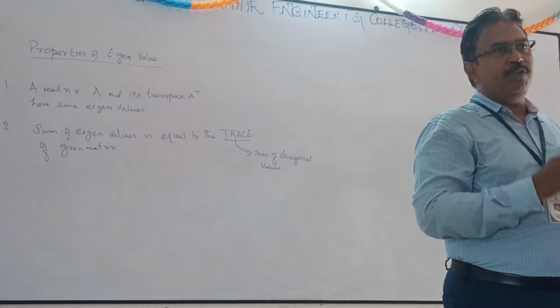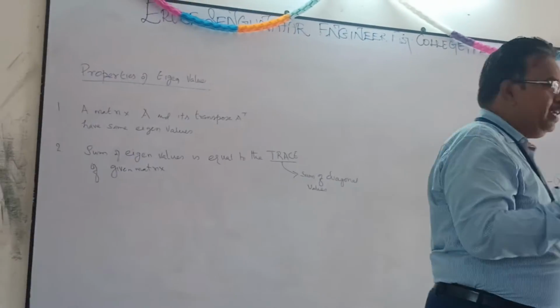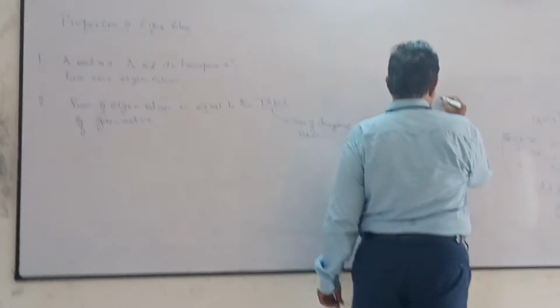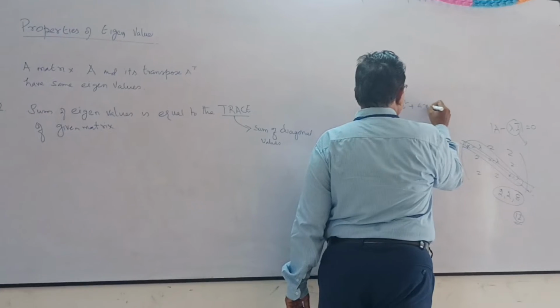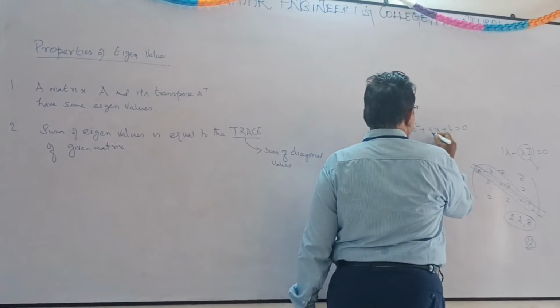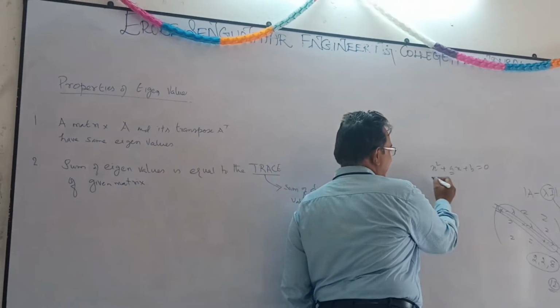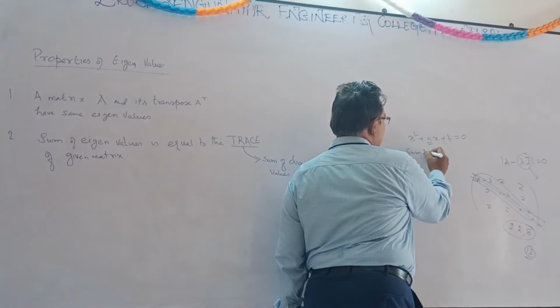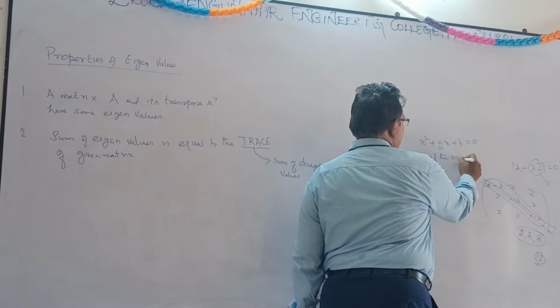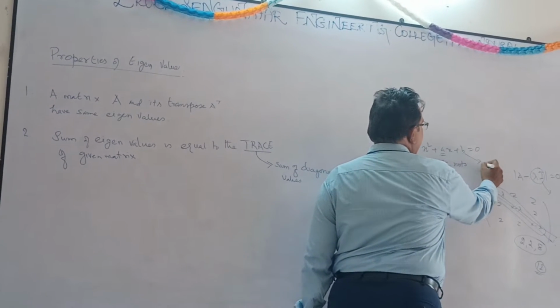You know the theory of equations. When you have an equation x square plus ax plus b equal to 0, a is minus the sum of the roots and b is the product of the roots.